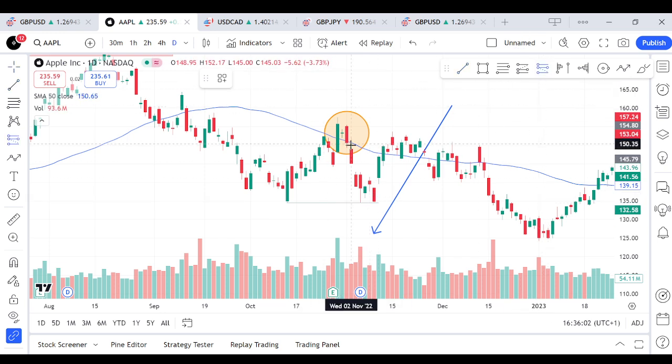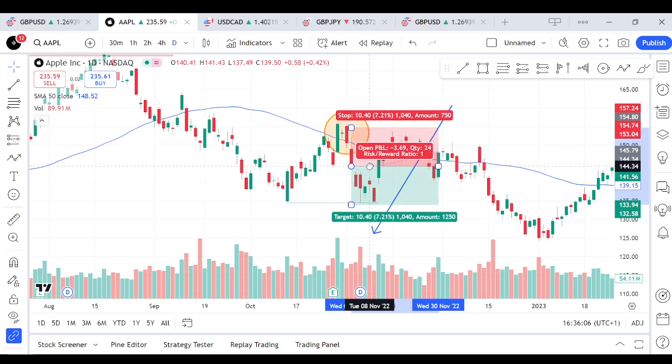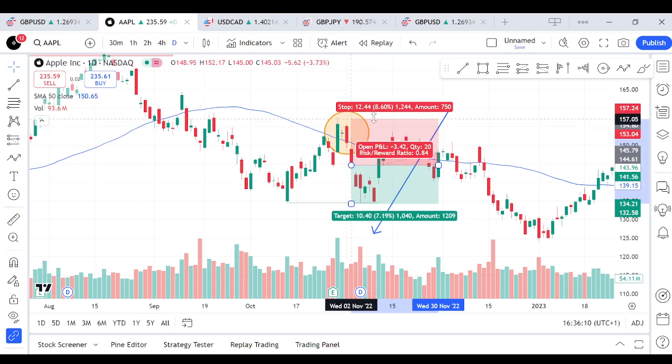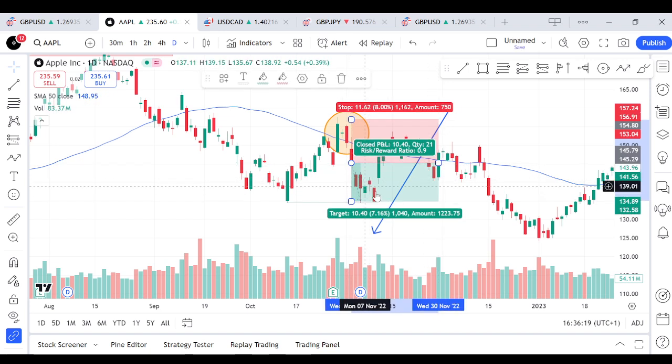So shorting this from here or from here at the close of that candle, stop loss levels could be above the high of this bearish belt hold, and we just had a 1:1 right here with this trade.